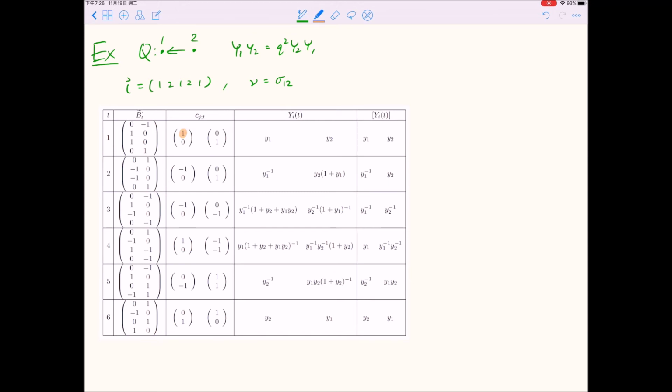So of the 1, 2, 1, 2, 1. So the sign will be plus, plus, minus, minus, minus.